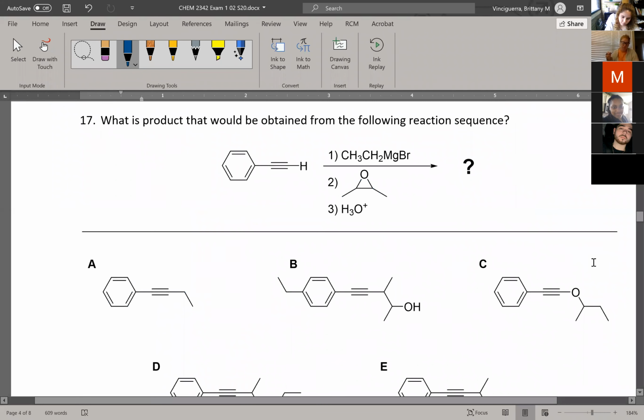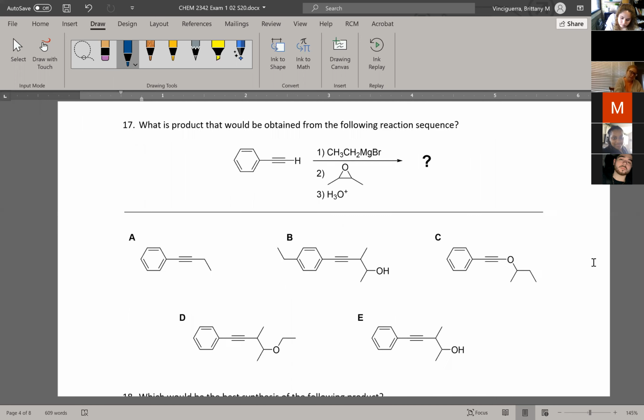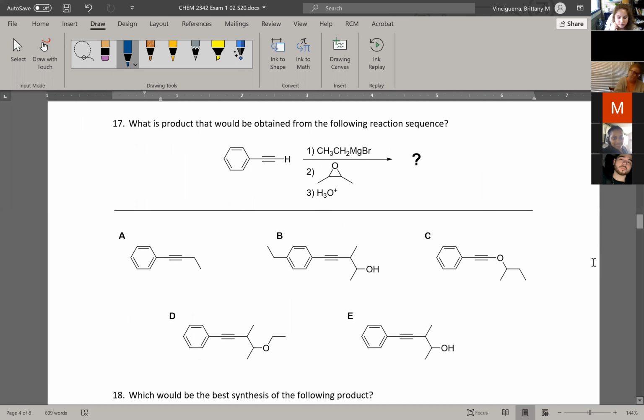Do you guys want to go through this one? Yes. Okay. So we have a Grignard reagent and we have a terminal alkyne. What is going to happen in the first step?